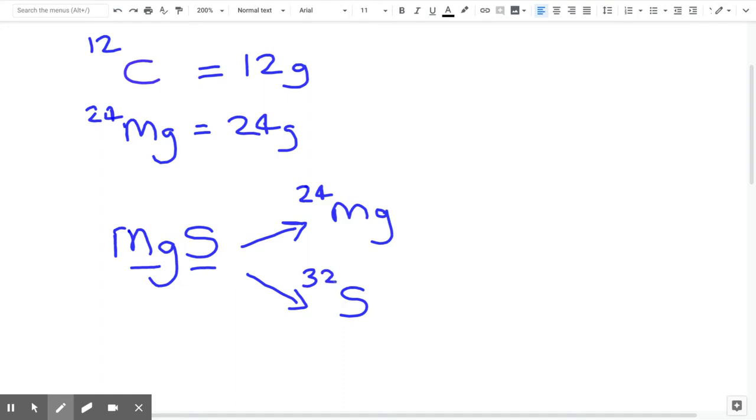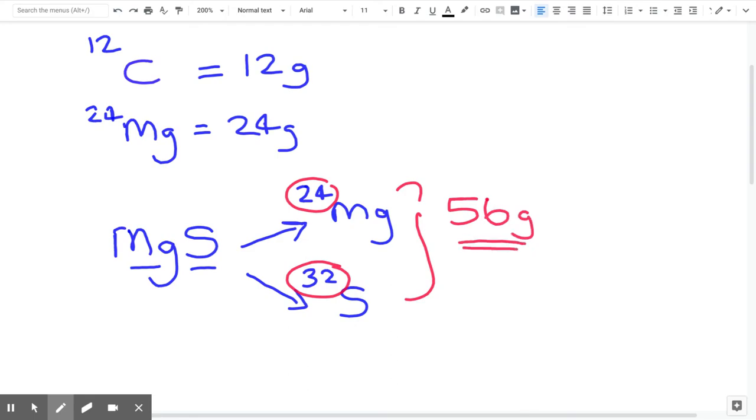And so what we do is we simply add those numbers together. Magnesium has a mass of 24, sulfur has a mass of 32. The combination of those two values gives us a mass for magnesium sulfide of 56 grams.